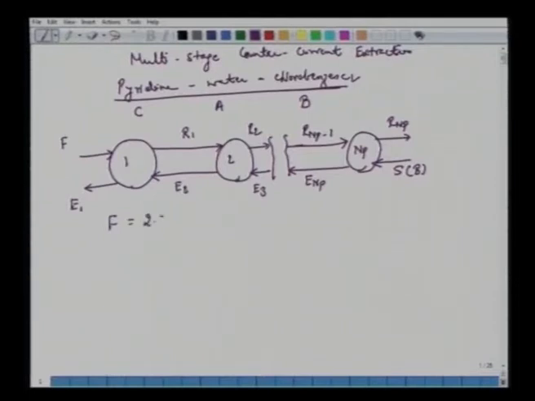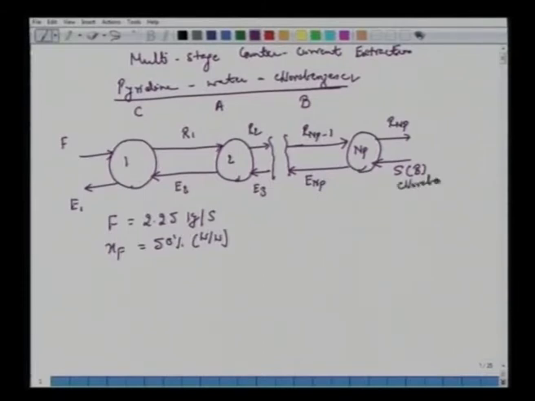So we have this YS0 and this raffinate concentration, the treated feed, is 2%, which is 0.02. Okay, the question asked here is, what is the minimum amount of solvent required?